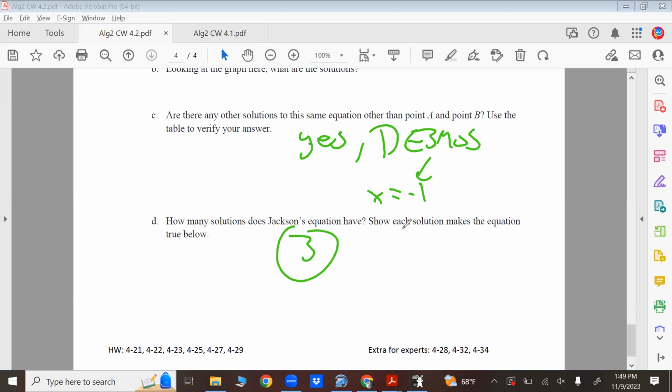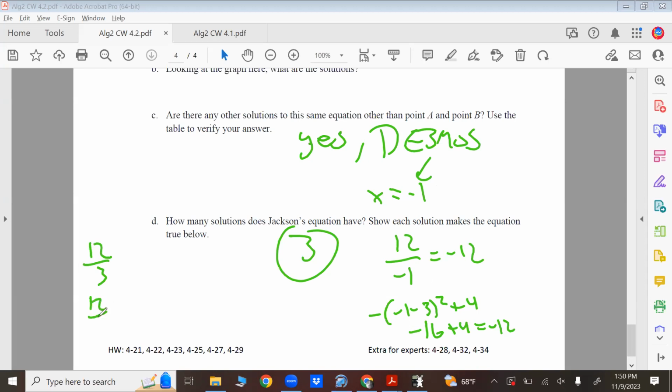And so what you do is you could do 12 over -1 equals -12. And negative of -1 minus 3 squared plus 4. It'll be -16 plus 4, which is also -12. And also if you plug in 3 and 4, 12 over 3 and 12 over 4, that's 4 and 3.